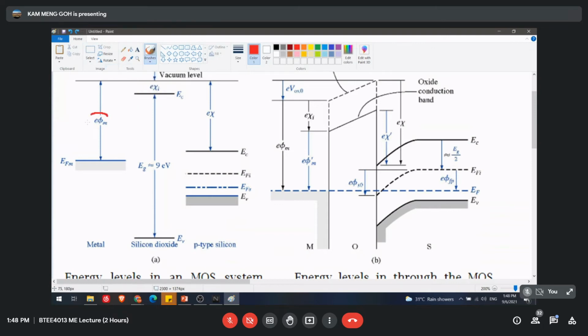Okay, this one will come in this part. And then this is the vacuum level. Vacuum. Then this one will be this one, somewhere around here.